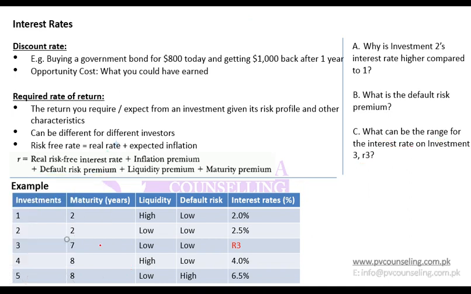But then again, you need to find out the baseline, which was 2.5%. So if you look into it, this 7 has a low liquidity and low default risk premium. So if I compare it to 8, then lower liquidity means the same. So no premium for this. So its return should be the same as 6.5.